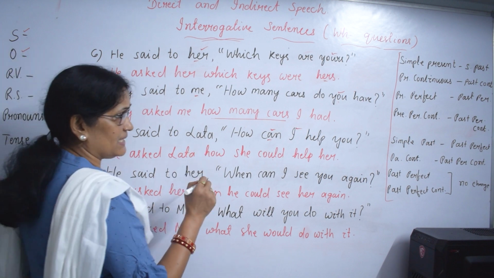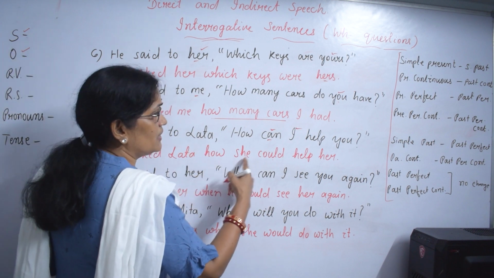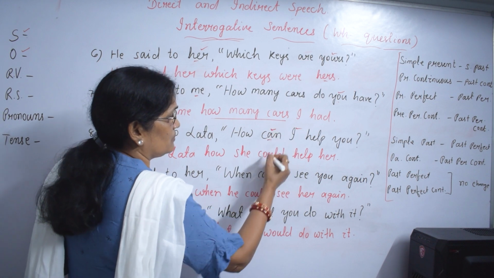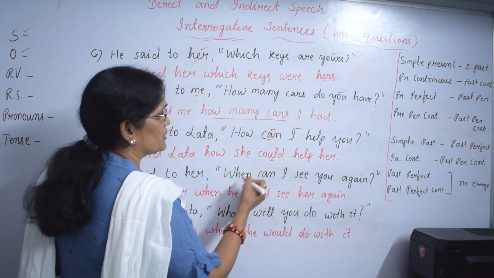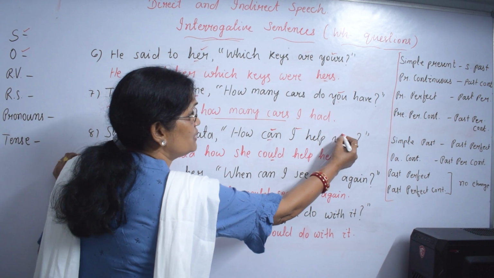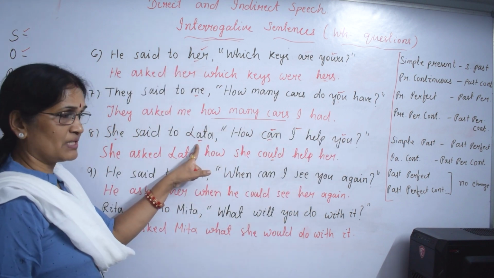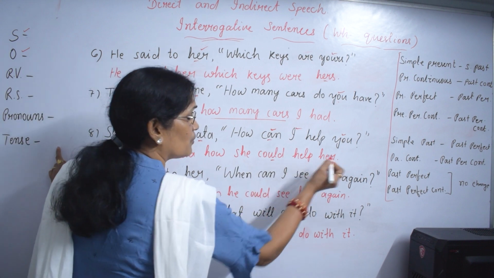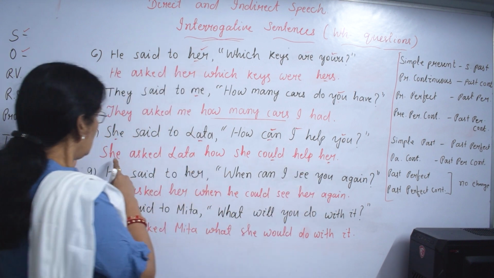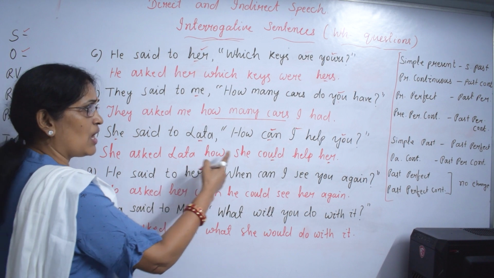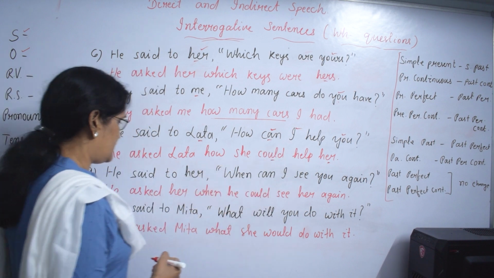So, that will be written. How she could help. Can, its corresponding past, could. She could help. And you is second person pronoun, will be changed as per object, Lata. So, it will be her. She asked Lata how she could help her.